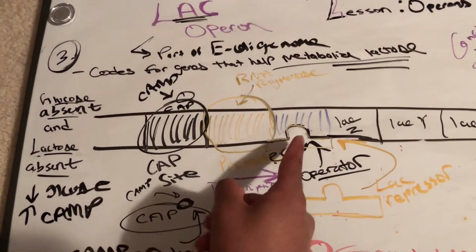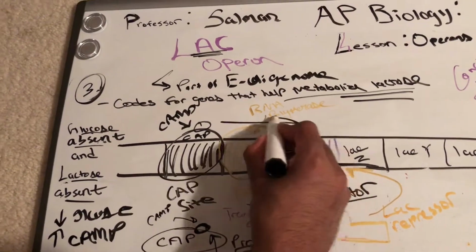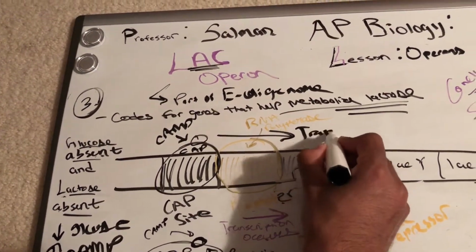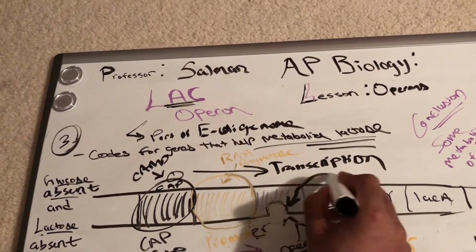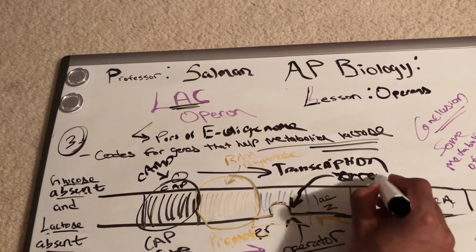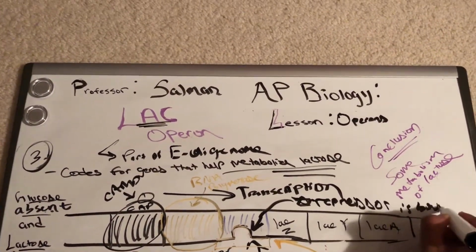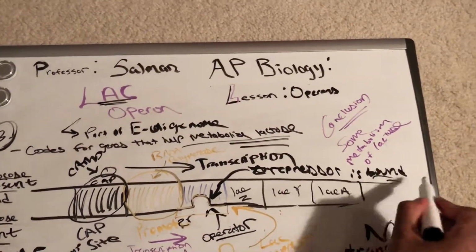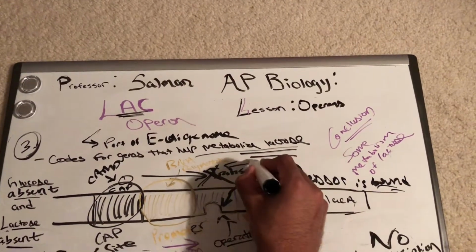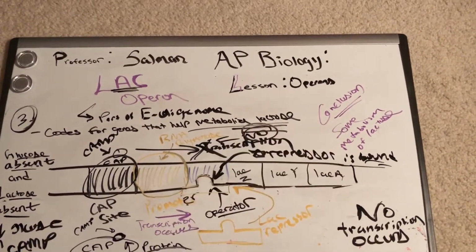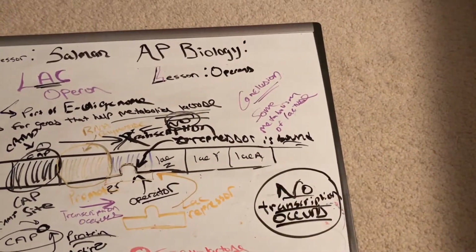So you have this repressor right here bound, which means in general, this would be the transcription that will be occurring. However, since this repressor is bound, that equals no transcription. Big no. So basically, the conclusion in this situation is you have no transcription occurring.